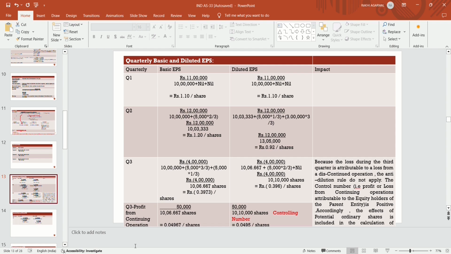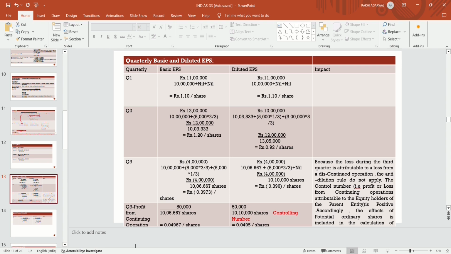So total EPS for quarter 3 is a loss of 4 lakhs divided by 10 lakhs 6,667 number of shares. So basic EPS becomes a loss of 0.3973 per share.